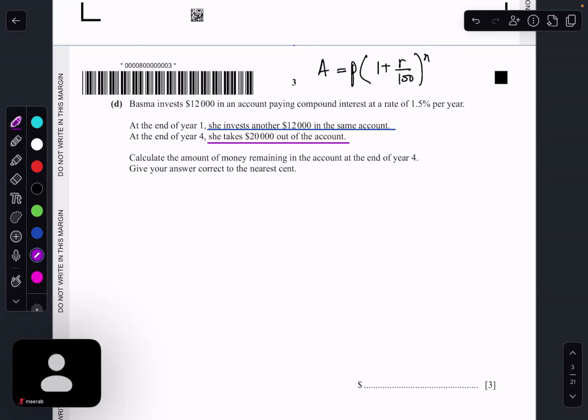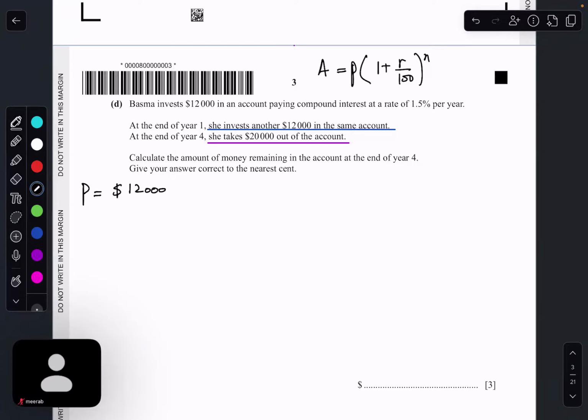Again, nearest cent. So what was the principal amount where she started? What was that? Anyone? Yes. 12,000, right?